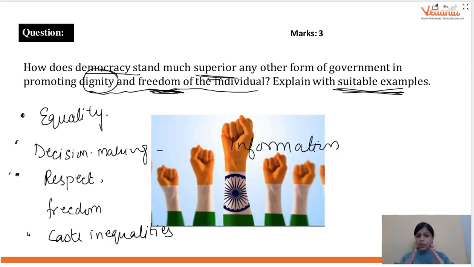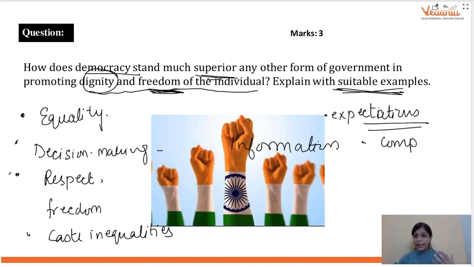So these are all the points. Also, democracy tries to meet the expectations of citizens, and people have every right to complain about the functioning of democracy.